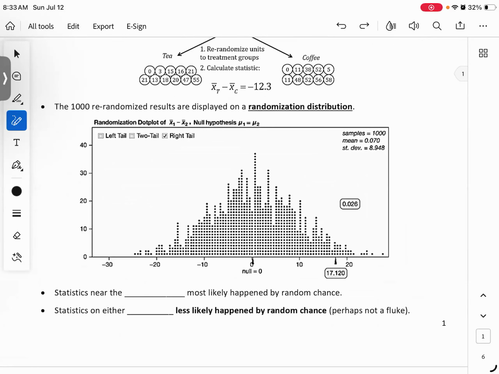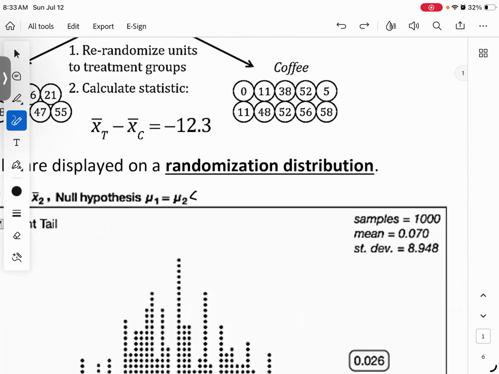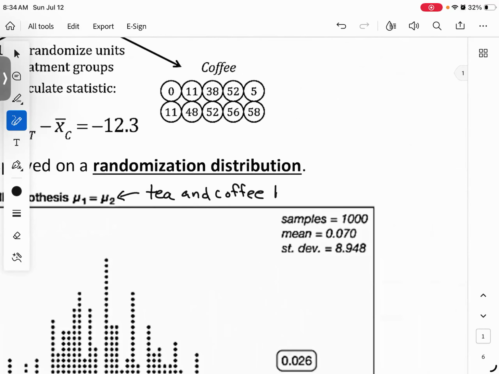Also, this is under the assumption that the two groups don't really have a difference, that mu1 is the same as mu2. This right here is suggesting that what might be true is that tea and coffee have the same effect, that one of them is not going to be higher or lower than the other.